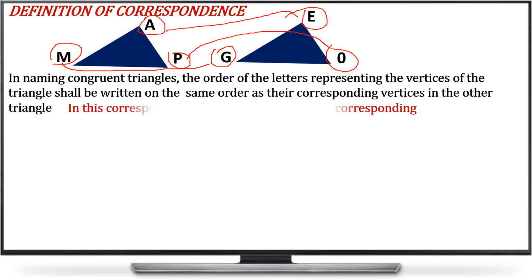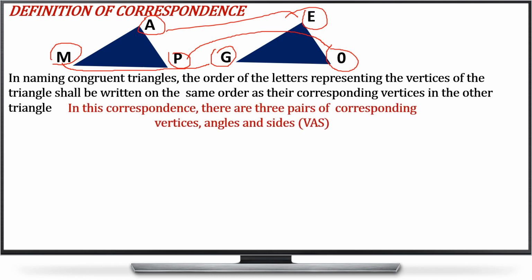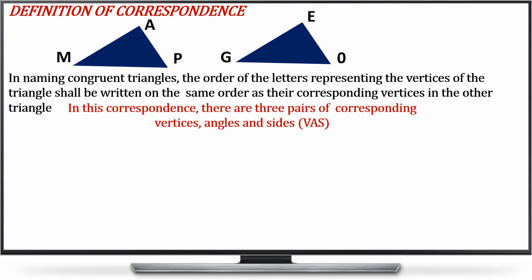So let's find out. In this correspondence, there are three pairs of corresponding vertices, angles, and sides. So dito po, given two triangles, meron tayong tatlong klaseng correspondence na ibibigay sa inyo. That is according to vertices, angles, and sides of the given two triangles.